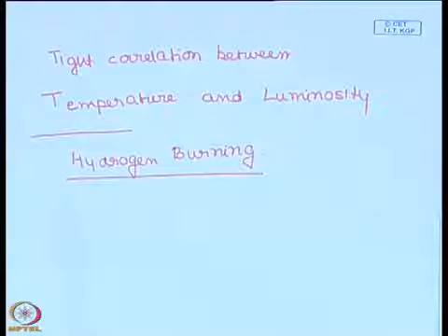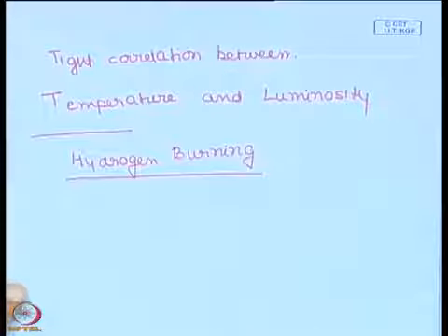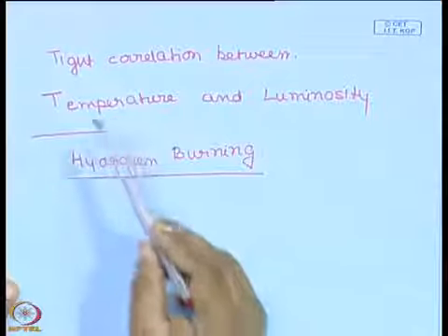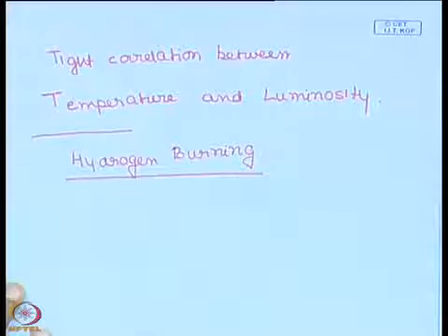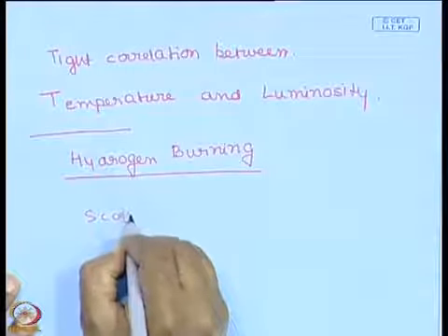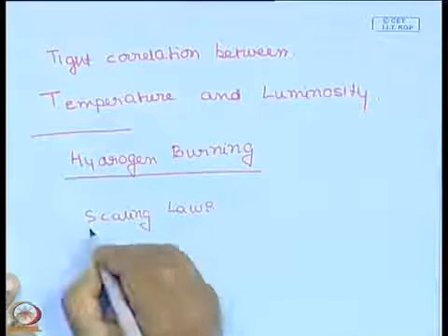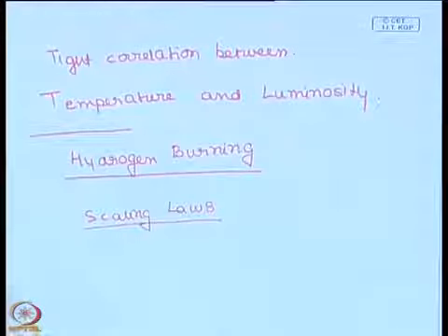And we have discussed the fundamental equations governing this, but it is not clear why they should lie on a straight line like this. We shall see later that there are simple scaling laws which give us some idea why the hydrogen burning stars should lie on a region like that. Okay, this is something that we shall discuss later.